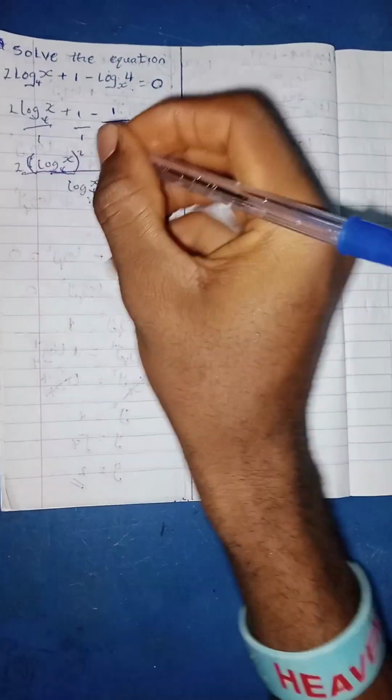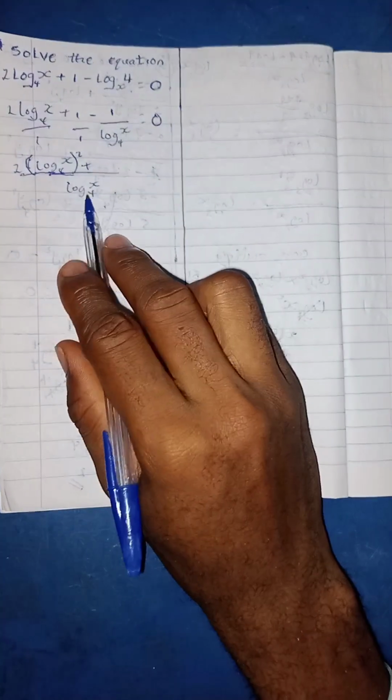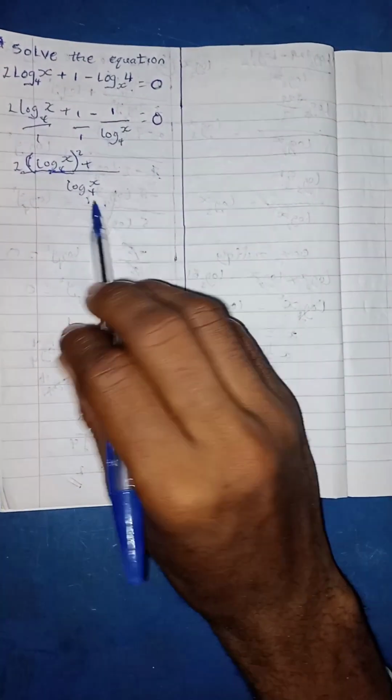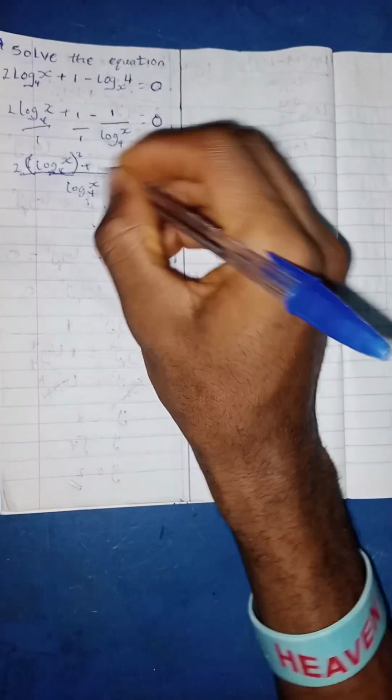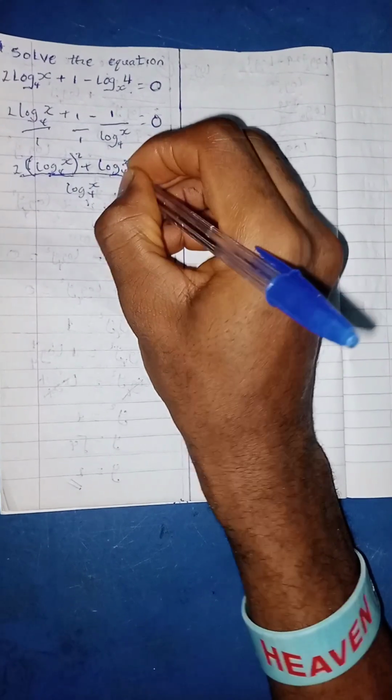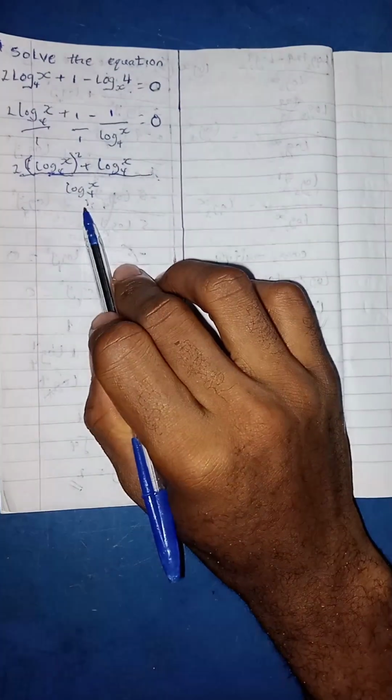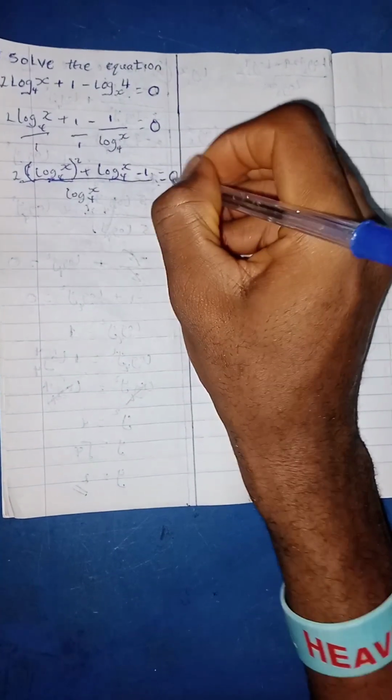Plus 1 into log x to the base 4 is log x to the base 4. And log x to the base 4 into log x to the base 4, that's 1. 1 times 1, this is now minus 1 equals 0.